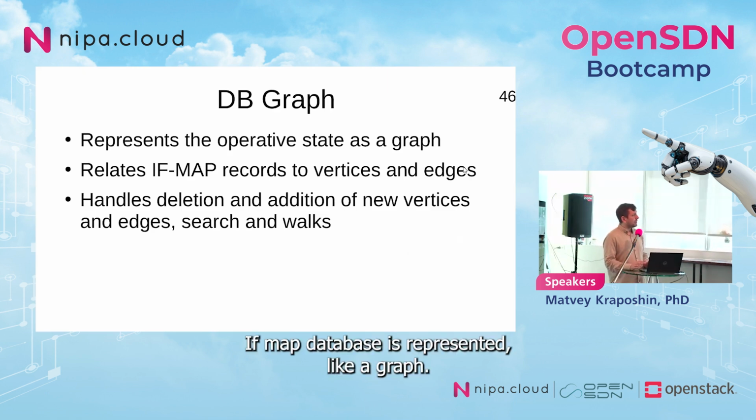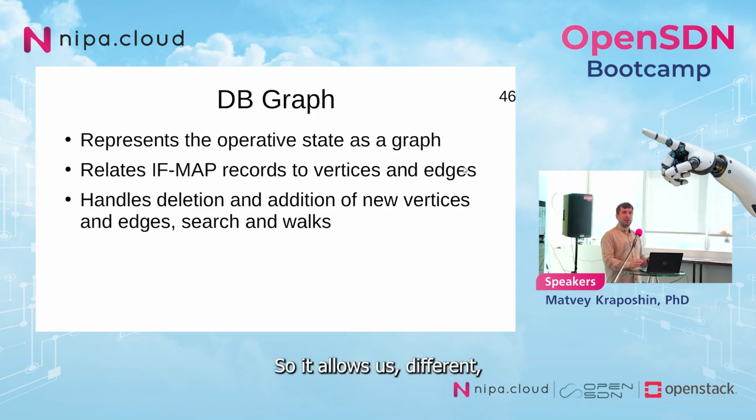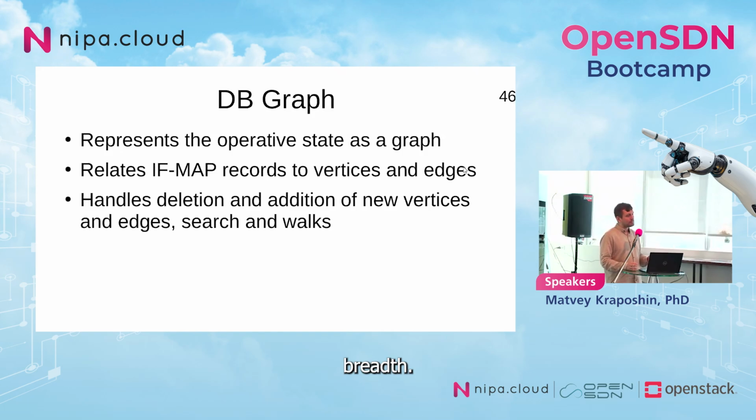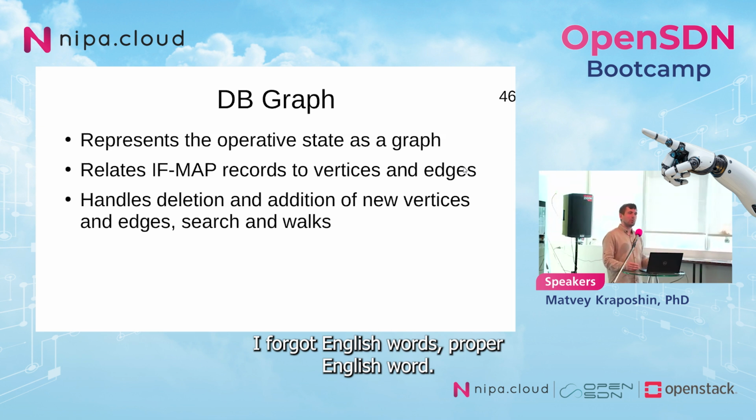Ifmap database is represented like a graph, so it allows us different approaches to traverse it. For example, we can traverse it using BFS, breadth... I forgot the proper English word.